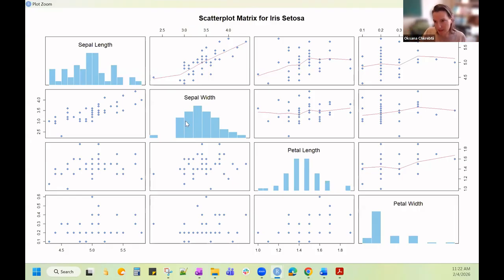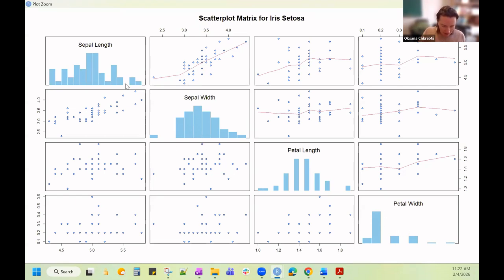You also see some degree of symmetry, although we do have a pretty small number of observations. So symmetry is not necessarily something that we would expect to see perfectly in this case, but there is a little bit of it, except for petal width. This petal width, of course, seems to be highly asymmetric.